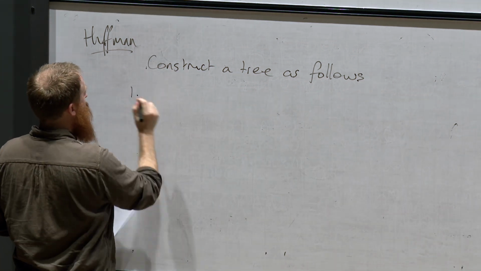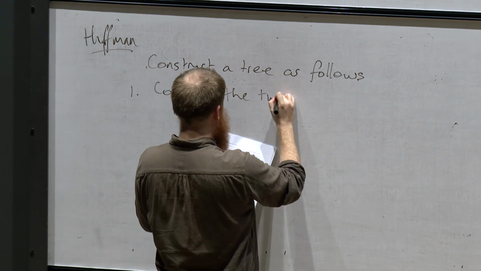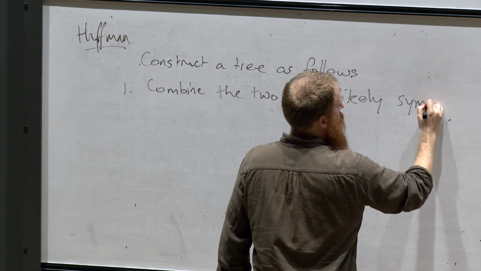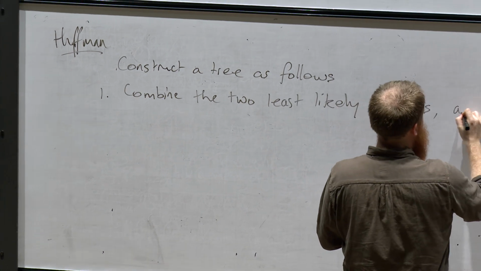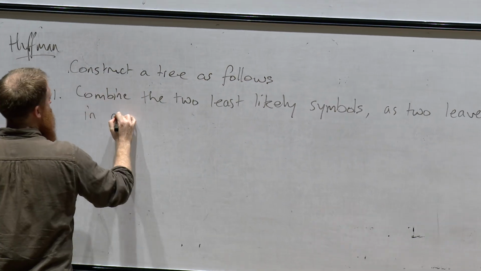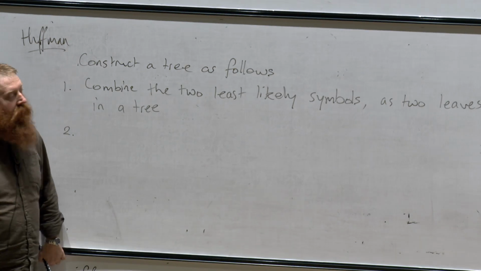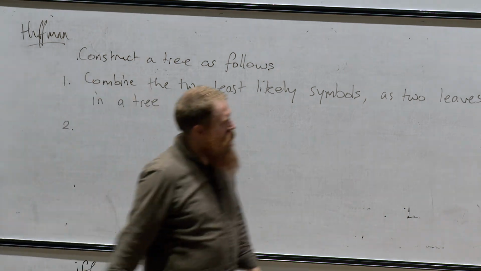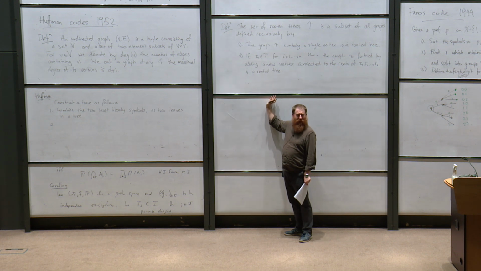Step 1, combine the two least likely symbols as 2 leaves in a tree. So what I'm doing is combining the 2 least likely symbols to create a tree, and then actually, rather than write the recipe up, I'll do an example and then I'll write the recipe up. You'll see what I'm doing as I just do an example.